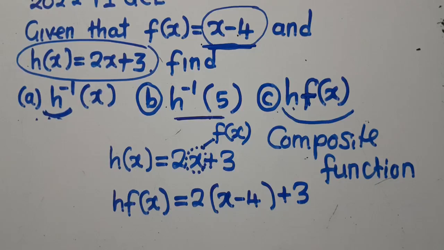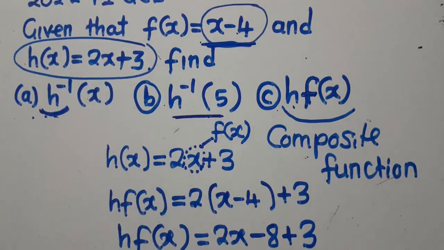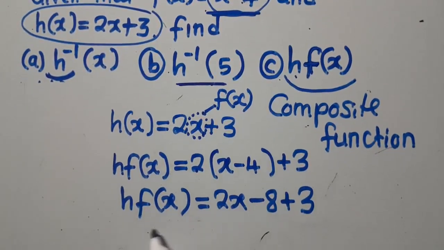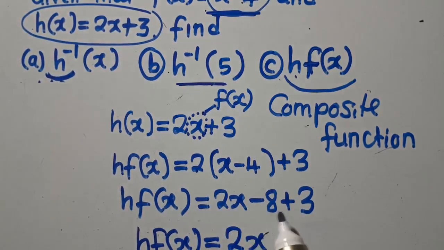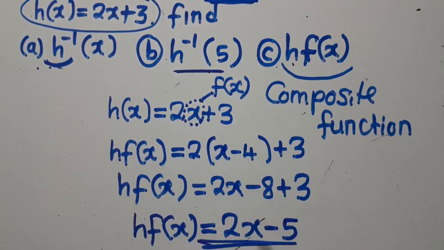From there, h f of x is equal to 2 times x, that is 2x, 2 times 4, that is 8, so negative 8, plus 3. What answer are you getting? H f of x is equal to 2x, negative 8 plus 3, negative 5. This is how you are supposed to answer that particular question.